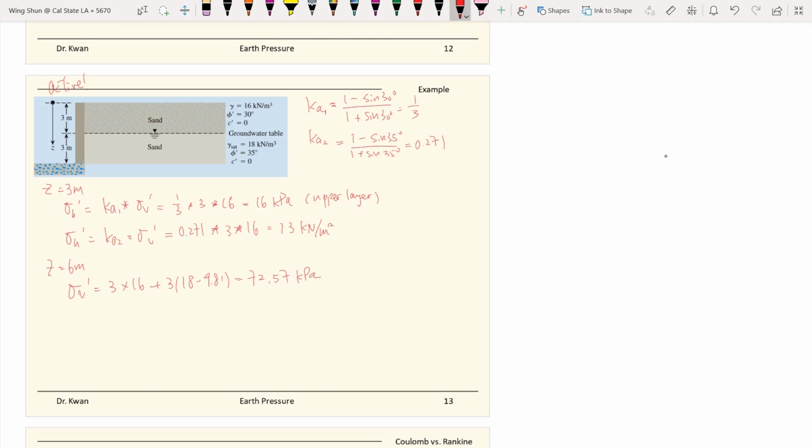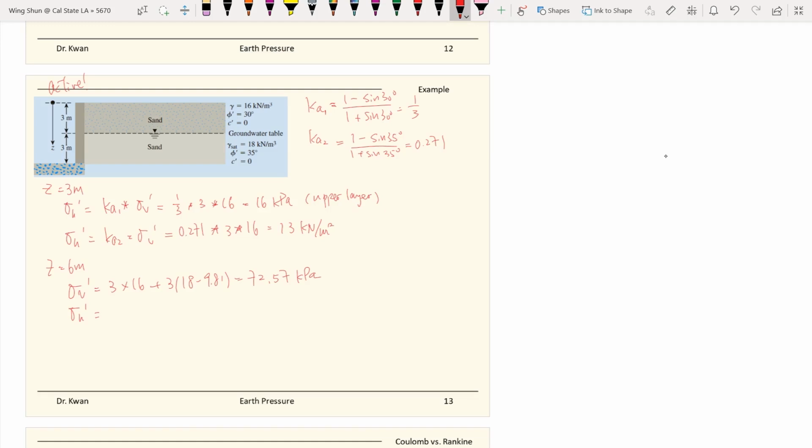this is the vertical stress, and for the horizontal stress, you really need to think about what Ka values you should use. Since we are looking at the 6 meter, the bottom of the second layer, we will use the Ka2.